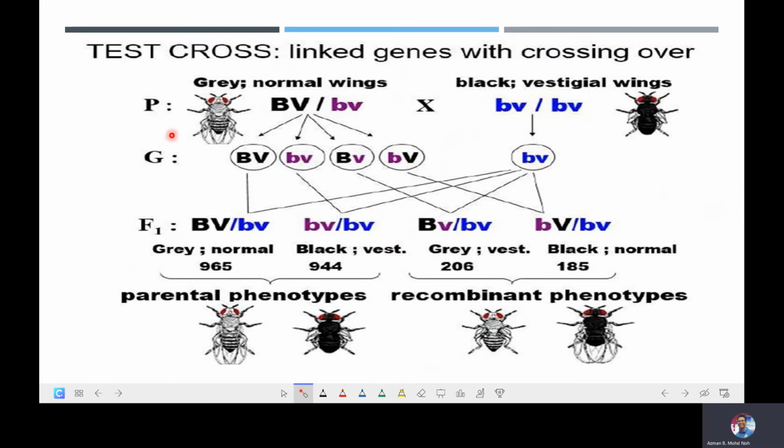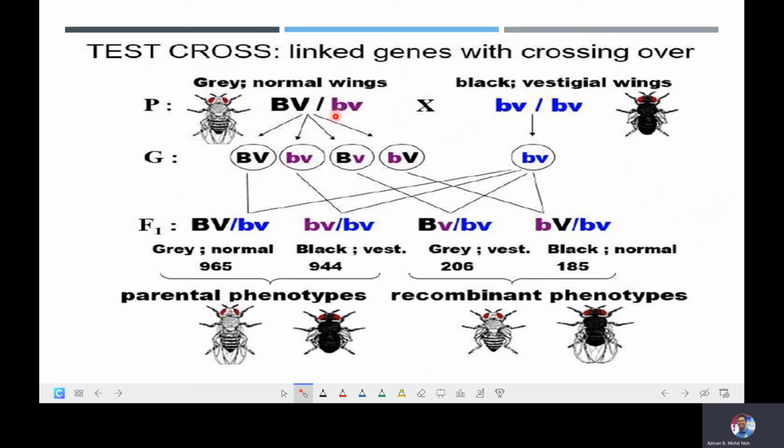If we refer to this genetic diagram, which shows a test cross done on a heterozygous Drosophila with the genotype of capital B, capital V slash small b, small v, then we will be able to see that the gametes that can be formed from this individual will be these 4 types of gametes, in which this capital B and capital V will be together and goes into one gamete.